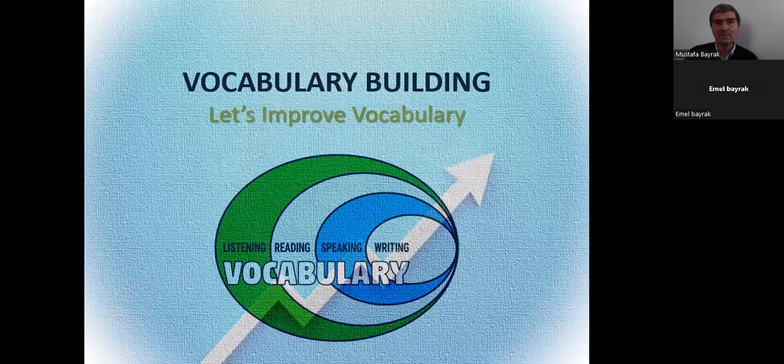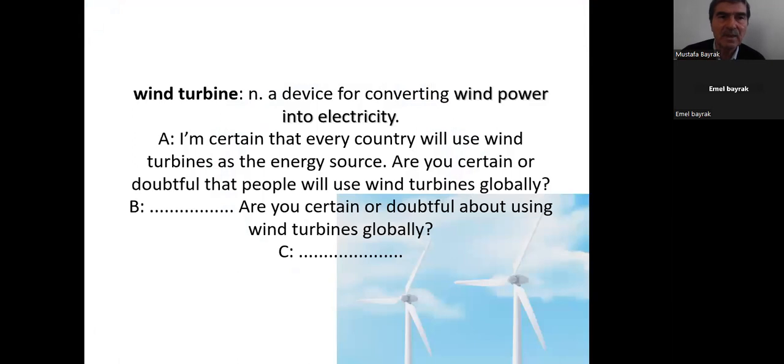Okay. Now it's time to increase our vocabulary. Now, wind turbine. You know this, these are wind turbines. Why are there wind turbines? There are wind turbines to convert wind power into electricity.